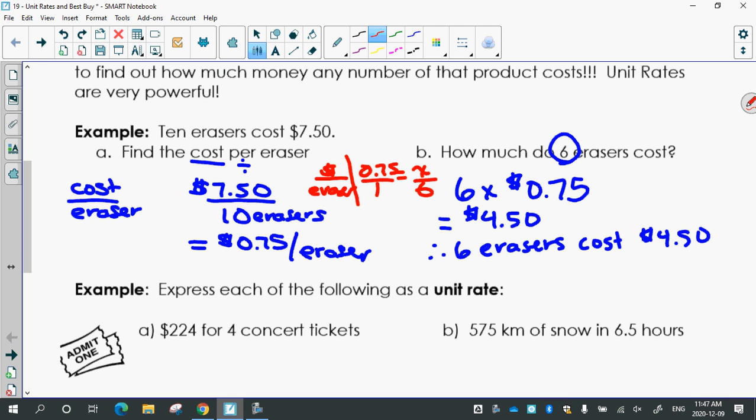And so you can set up a proportion and do your cross multiplying and get the same answer. Some people feel more confident with this way, and some people are like, okay, well, if I know how much 1 costs, I can just multiply to find out how much more than 1 costs. Both are fine. It's just the way you feel more confident with.